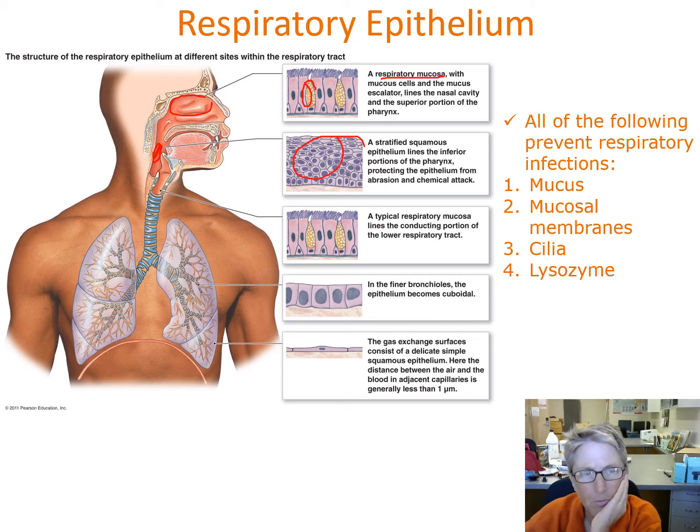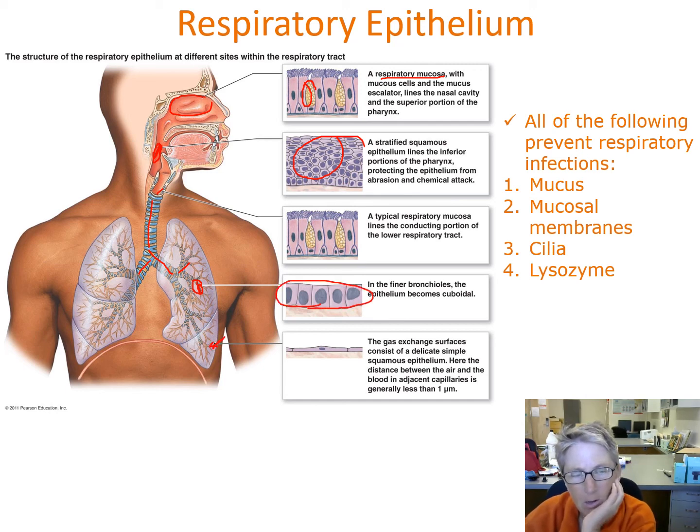And then you go a little further down here in the trachea, you have pseudostratified ciliated columnar again. And then in the smaller diameter bronchial, so you go trachea to right and left main stem bronchi, secondary and tertiary bronchi to these little things called bronchioles. So they have a small diameter. The epithelium becomes cuboidal. It looks like this.